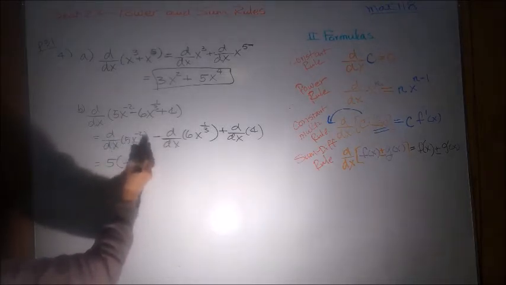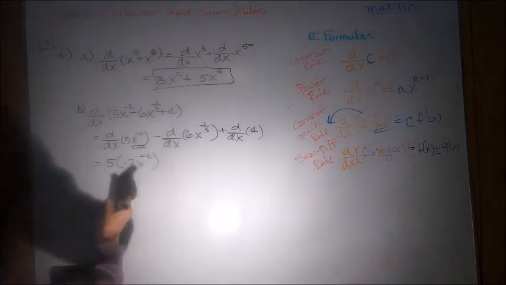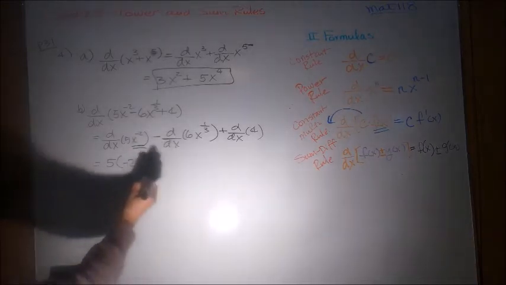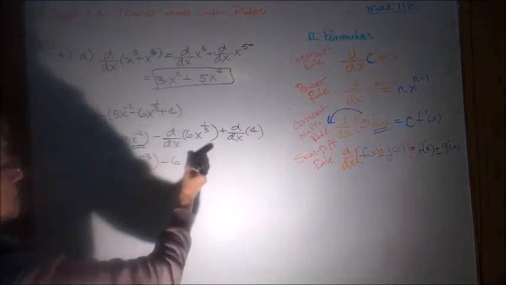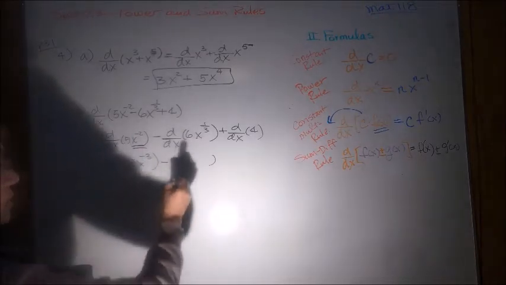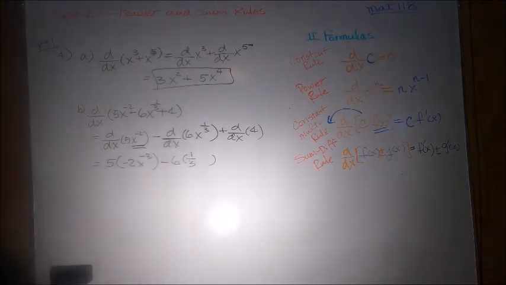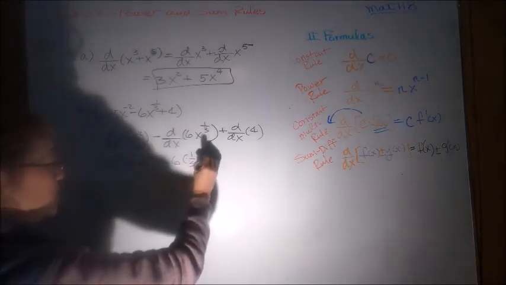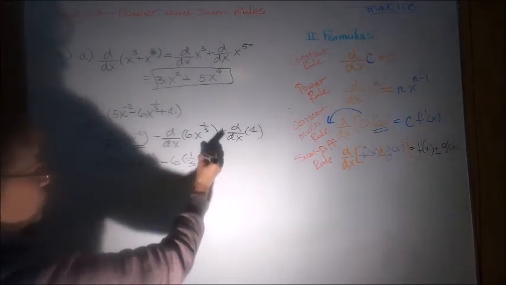Negative 2x, power drop one level, negative 3, right? And this one, multiple rule first, then do the variable, drop one power. At the same time, move the power as coefficient. So x to the 1/3 minus 1, drop one level will be what?